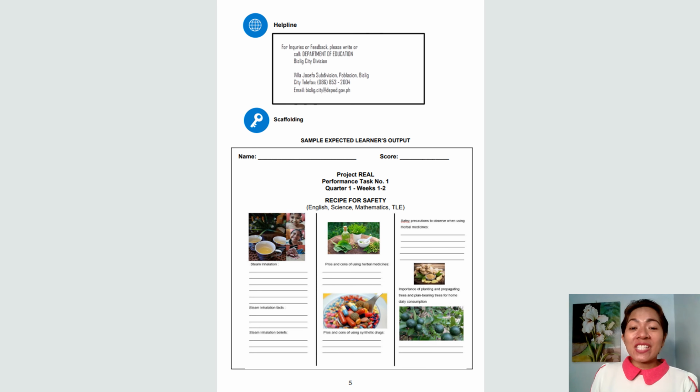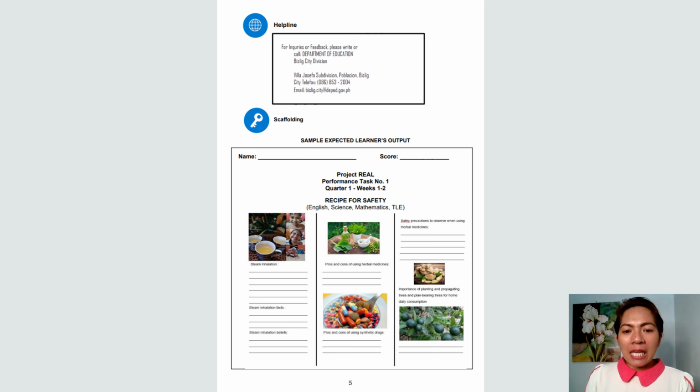Okay, so for scaffolding, as I have said earlier, ito po yung sample. This is what the expected brochure looks like. So, sample expected learner's output. Name, score, of course, the module. Pwede niya kasi, kaya may template na ganito kasi pwede niyang i-draw pag wala siyang computer.